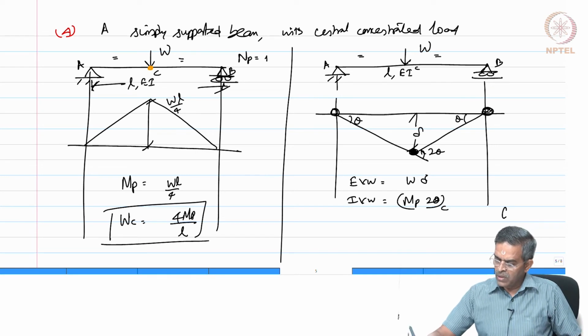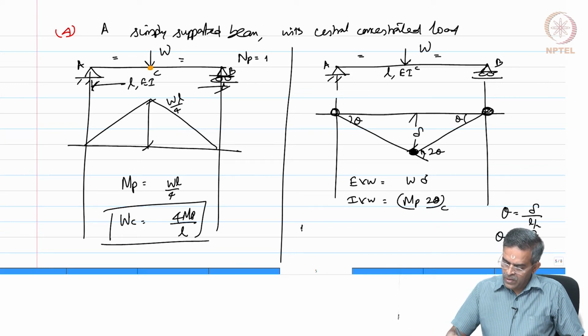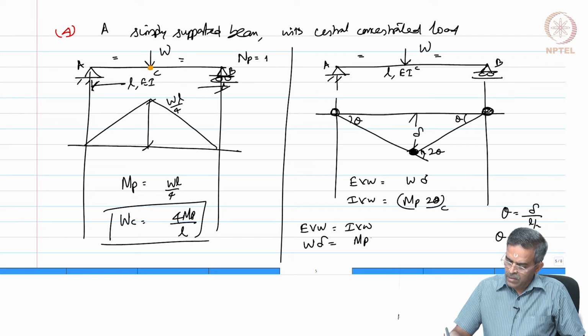We also know theta is del by L by 2. So, theta is 2 del by L. So, equating external virtual work to internal virtual work, W into del is MP into 2 theta, which will be MP into 2 del by L. So, del goes away.